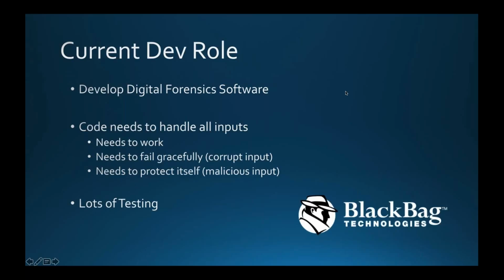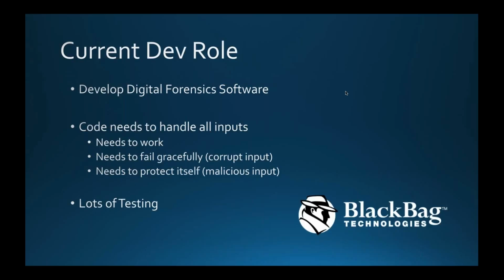So in my current role, like I said, I'm building the software used to parse a lot of these digital forensic artifacts out of file systems and mobile devices and things like that. So the code itself has some new complexities to it that I haven't had to deal with a lot before.